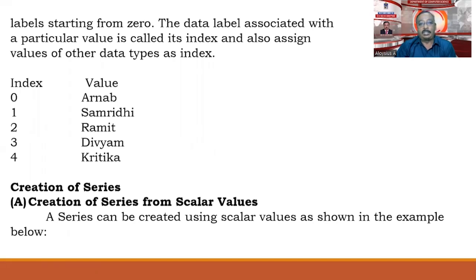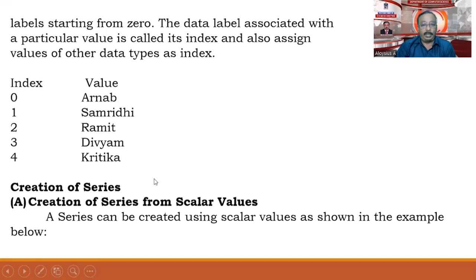The data label associated with a particular value is called the index, and we can also assign other data types as index. So you can have index values by default from 0 to n number of values. It will assign an index value. We can access the element by using the index value.